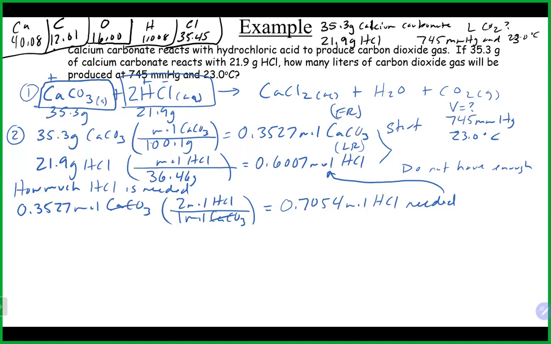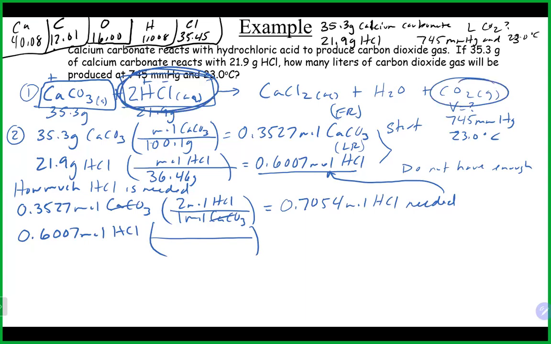Once we did that, remember you always want to start with the starting amount of your limiting reagent. So you want to come back to the starting amount here, and we will go 0.6007 moles of HCl. You now can do your mole to mole relationship between the limiting reagent, which is the HCl, and your product here, and that is a 2-to-1 relationship.